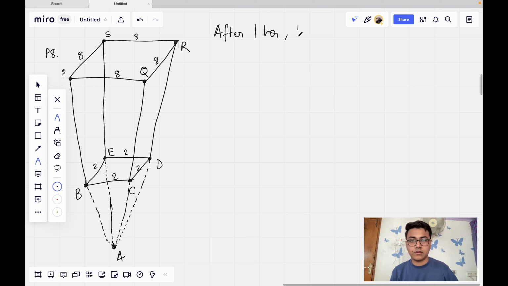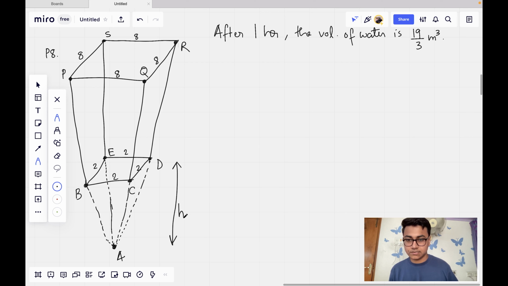After 1 hour, the volume of water is 19 by 3 meter cube. Okay, let the height of this pyramid A, B, C, D, E, this top pyramid, be H. Suppose this height is H.